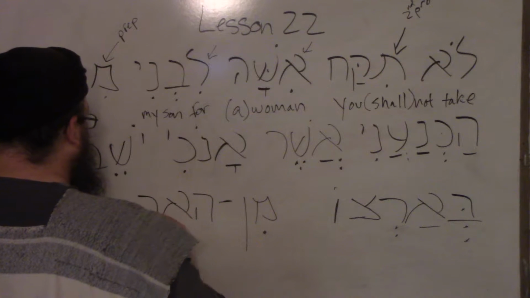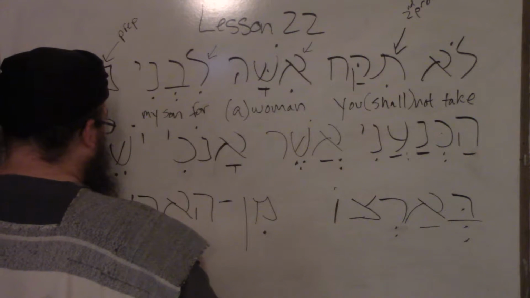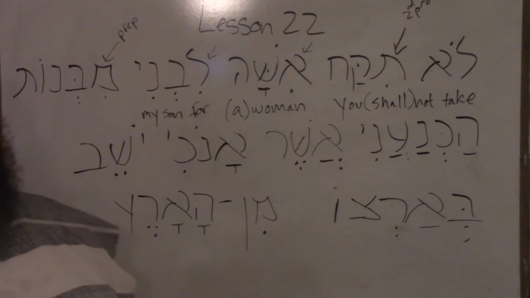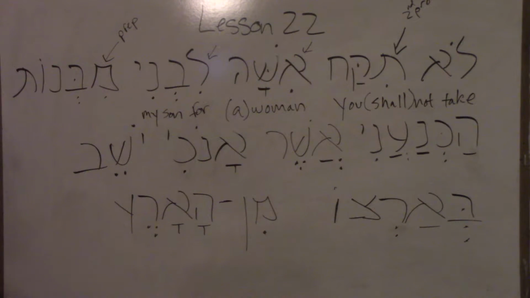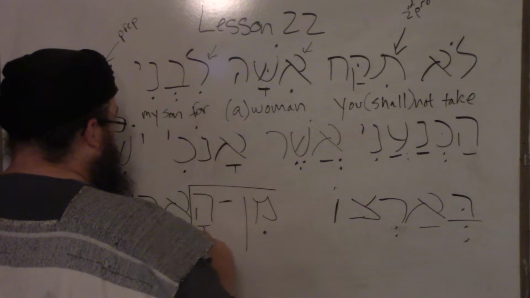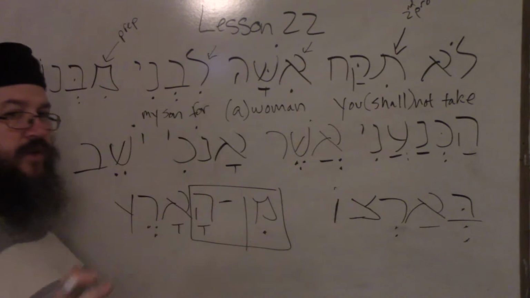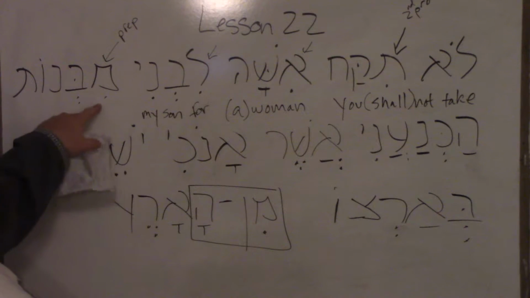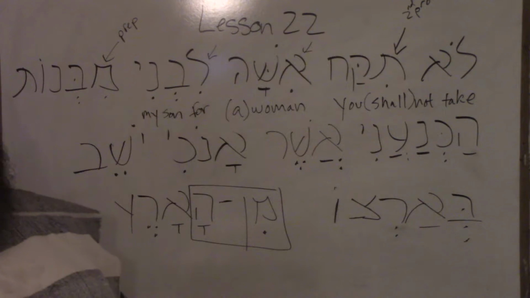So for example, me'aretz. We say min ha'aretz when we're saying from the. Whenever we're saying min, we're only going to use it when it's min ha. That's the only time we're ever going to use min. All the other times we're going to use the inseparable part.